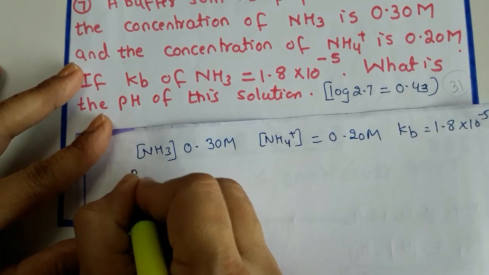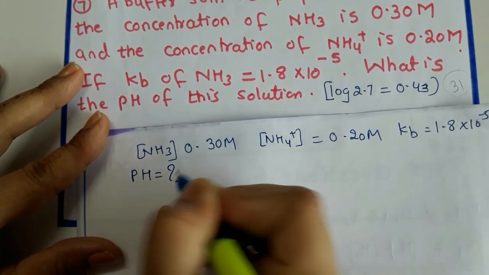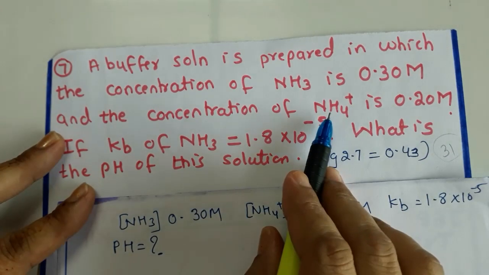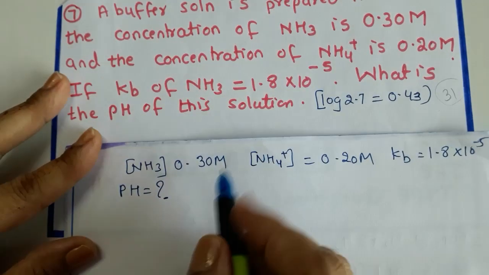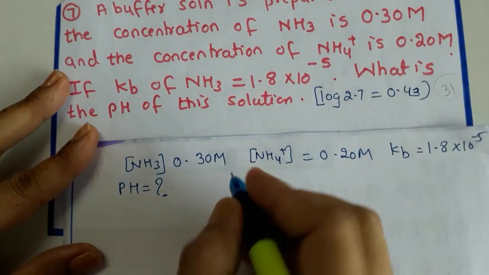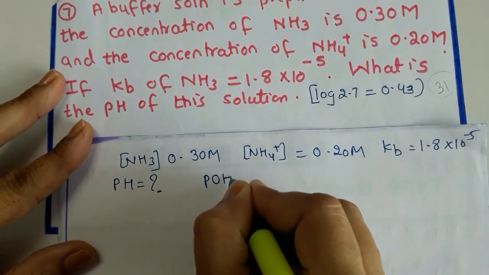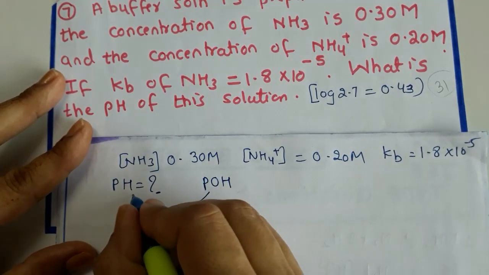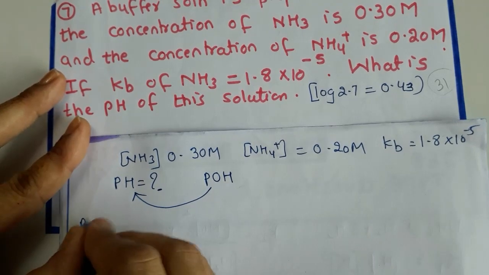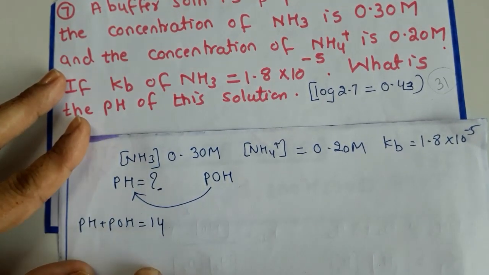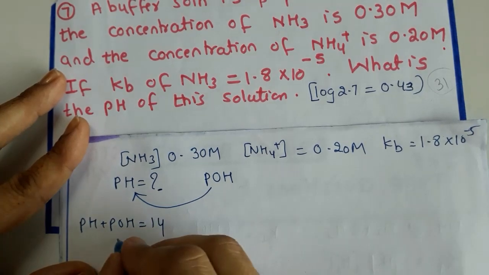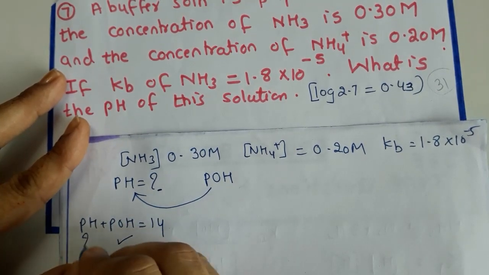Now students, you have to remember that they are asking pH, but we have a solution which is ammonium hydroxide, which is a base. So it means we have been given the information of pOH, and from pOH we will find out pH. How we will find out this? Using this relation pH plus pOH is equal to 14. So if I have pOH, I can find out pH.